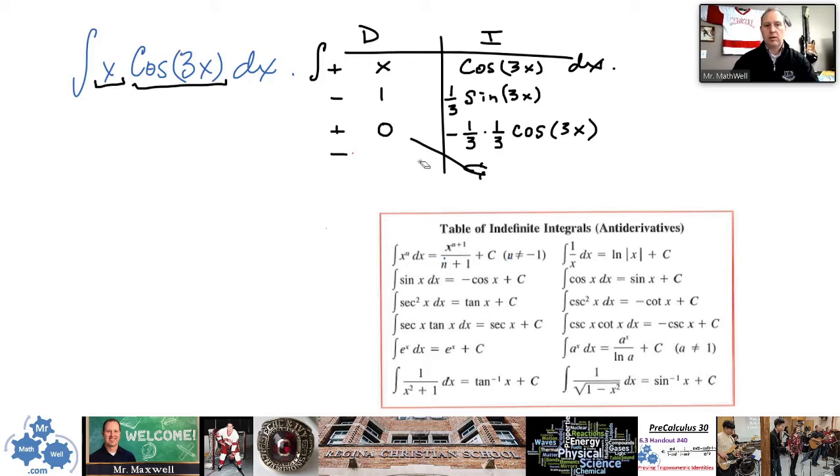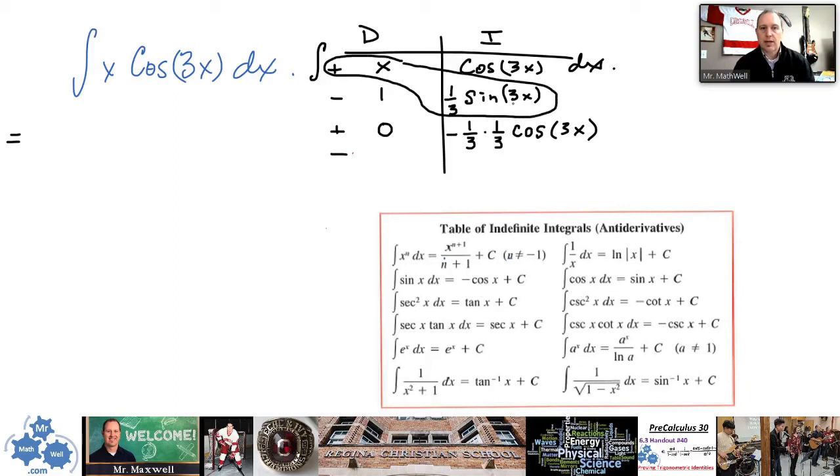Okay, so now we have the process of writing out what the explanation is here, or how is the integral defined now? Well, I do this. x times 1/3 sine of 3x.